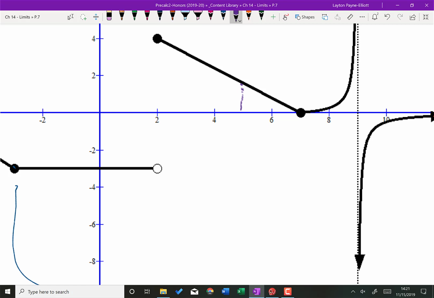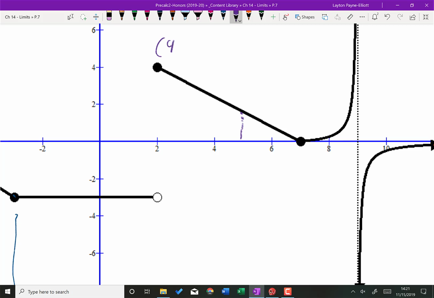We all learn this, that if we're not sure, we know that this is the ordered pair 2, 4. This is the ordered pair 7, 0. So an equation of this would be y minus 0 is equal to 4 minus 0 over 2 minus 7, so negative 4/5 times x minus 7.